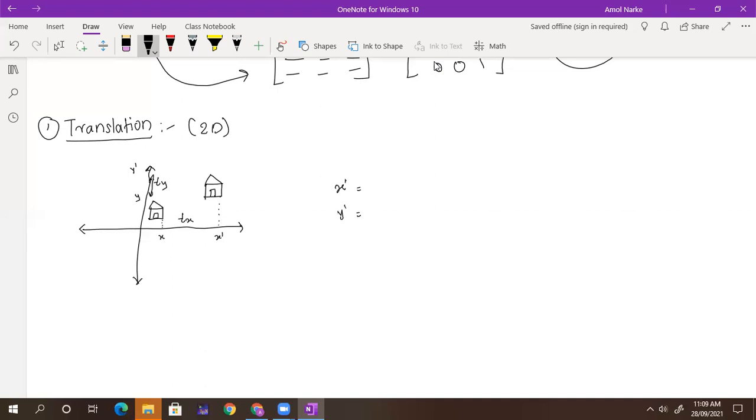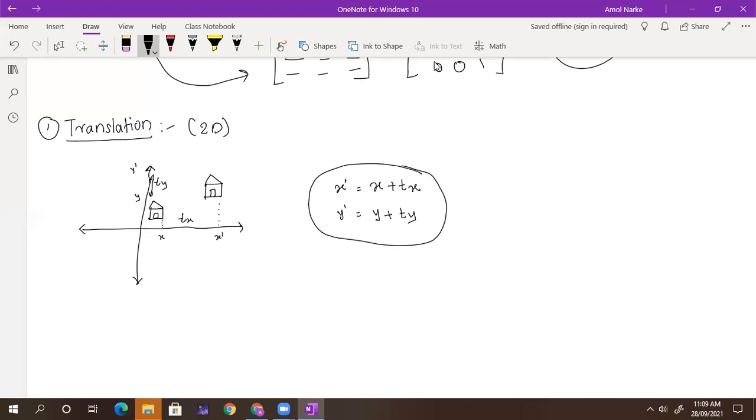How? My x dash is my original x plus whatever change I require with respect to the x axis, and y dash is my original y plus whatever change I require with respect to y. If I add tx and ty to the original one, I will get my new coordinates. Yes or no?